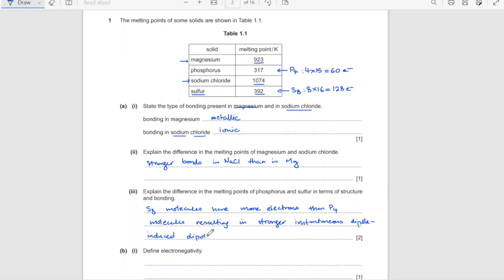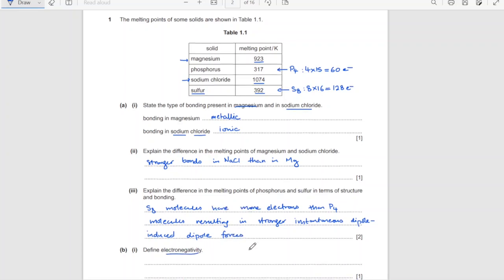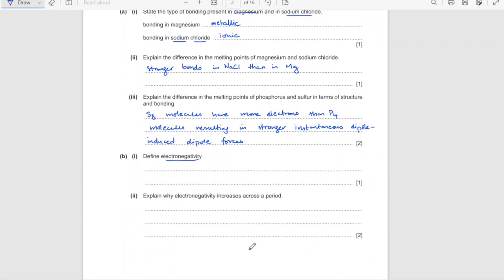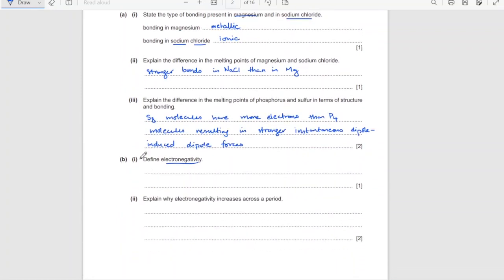So now the next question says, define electronegativity. Its definition should be pretty clear to you guys. It is the ability or the power of an atom to attract bonding electrons towards itself.